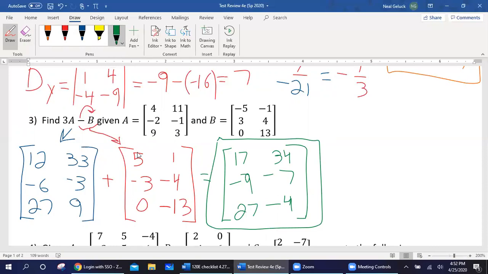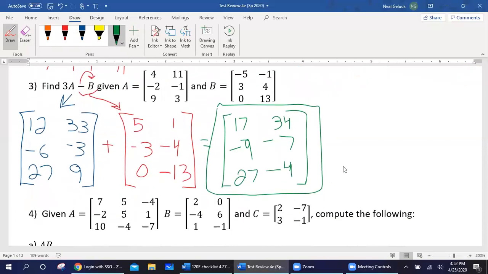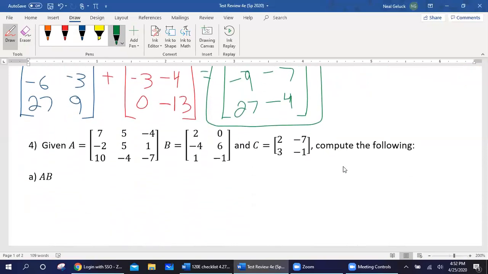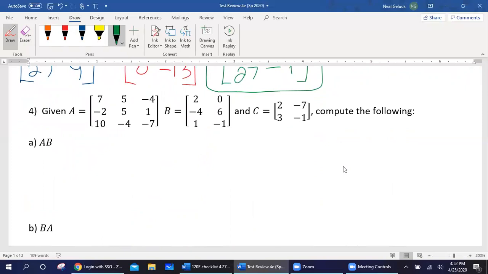For number 4, we're multiplying the matrices together. So A times B, I have to first check, can I multiply them? A is a 3 by 3. B is a 3 by 2. Since the middle numbers match, we can multiply them, and my result will also be a 3 by 2.